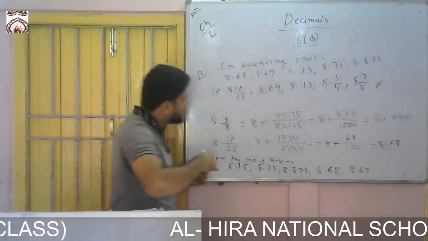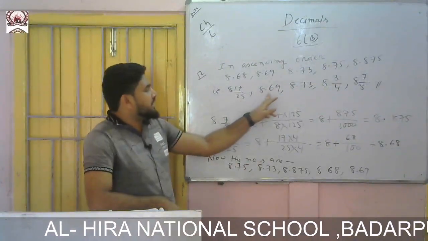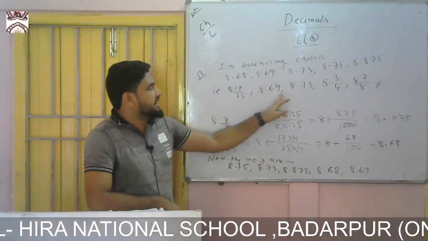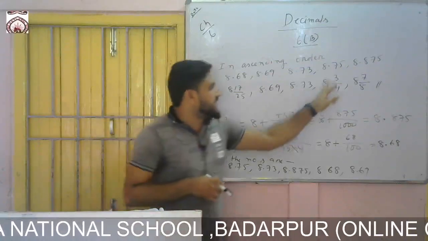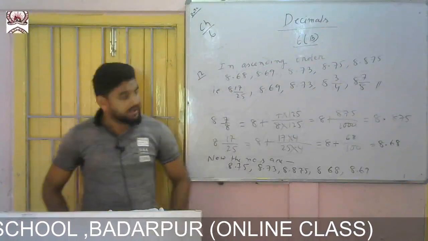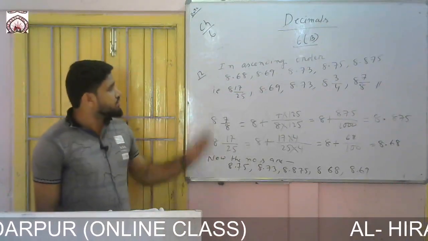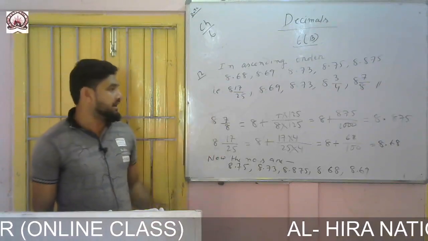So that is the answer: 8 17 by 25, 8.69, 8.73, 8 3 by 4, 8 7 by 8. So 8 7 by 8 is the last. These are in ascending order.